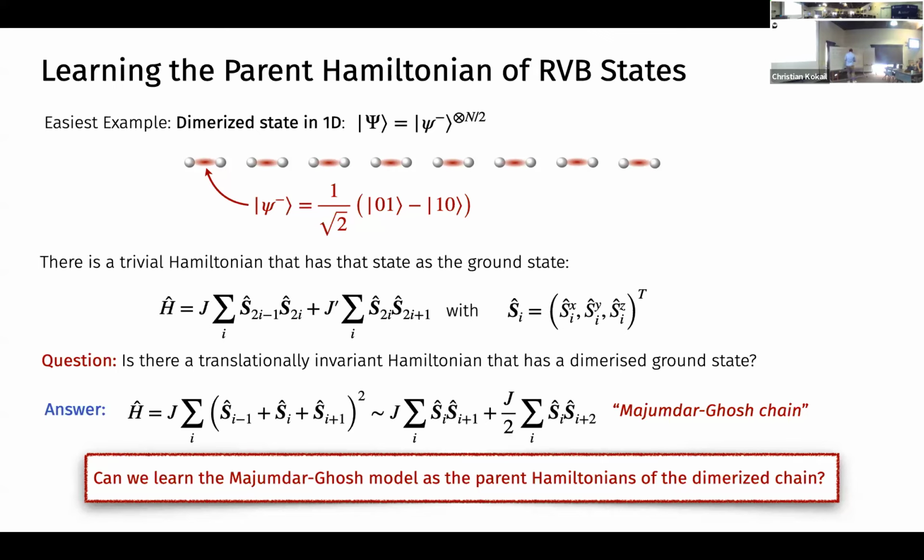If you like it more pictorially, this is our dimer and I have a spin acting here. This is equal to minus the dimer with the spin acting on the other site. All right. So let's compute this matrix.